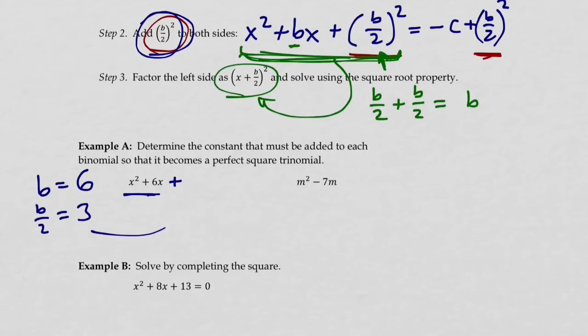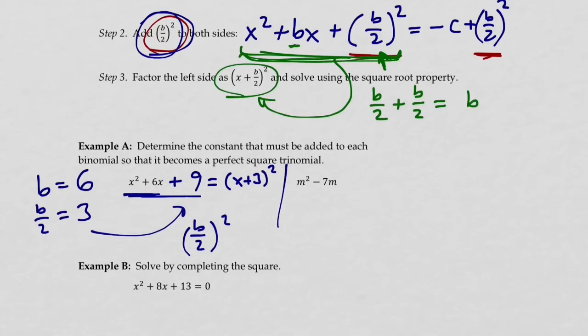But the thing that I want to add is b divided by 2 squared, so 9. And if I add 9, that expression is equal to x plus 3 squared.